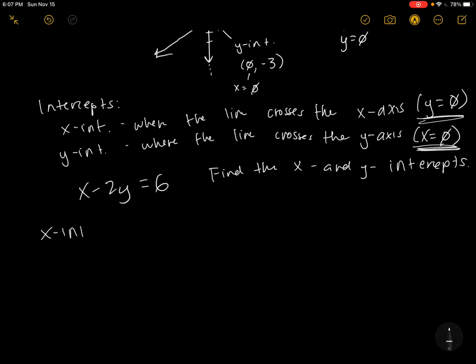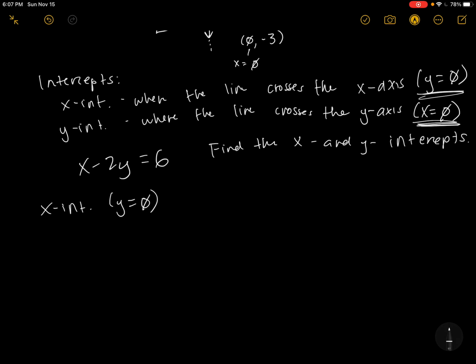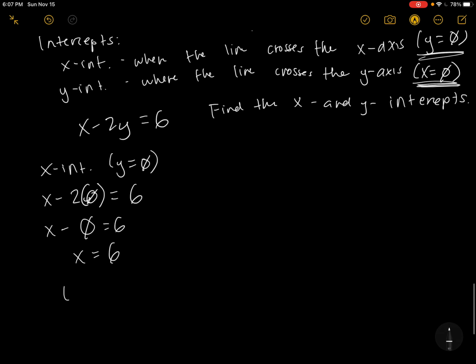If I want to find the X intercept, remember that's where Y equals 0. So I want to solve for X. Y equals 0, so I'm plugging it in. X minus 0, X equals 6. So the X-intercept is (6, 0).